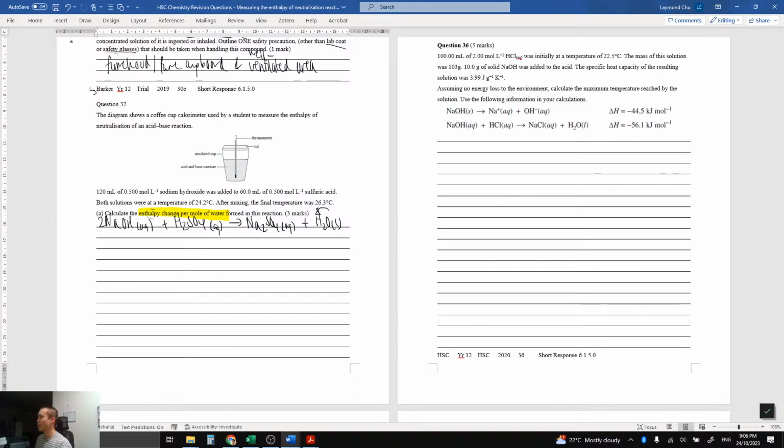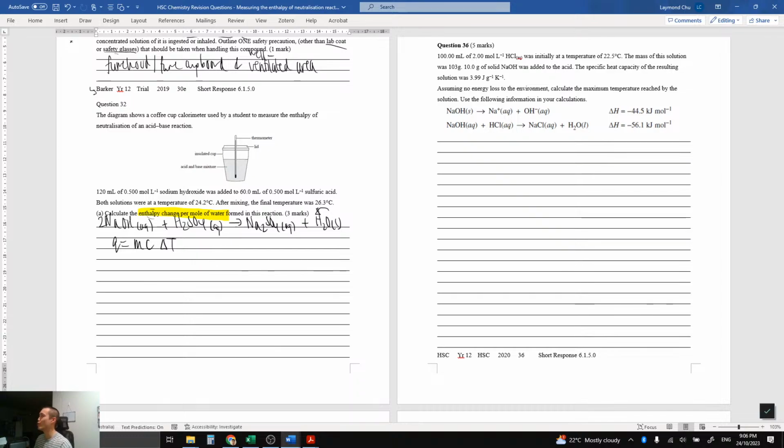Now, how do we find that? So this is on the data sheet. Where is it on the data sheet? Lovely. There are 3 rows, it should be in the middle row, far left, it should say this equation: Q equals mC delta T. Now what is each of these?